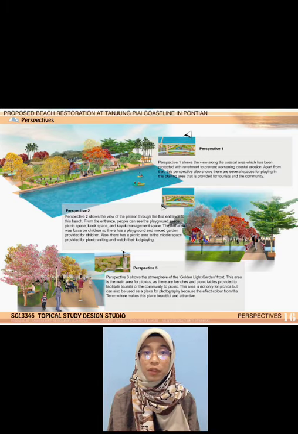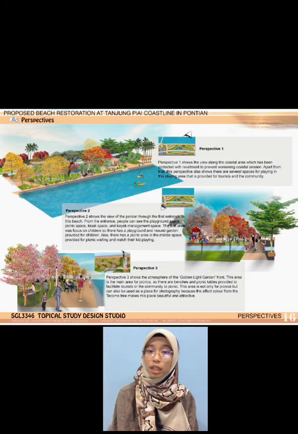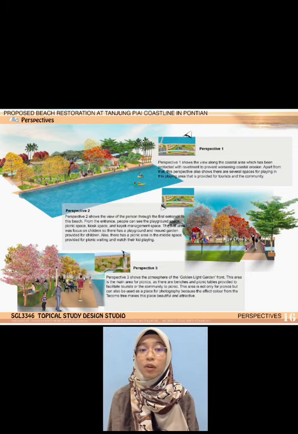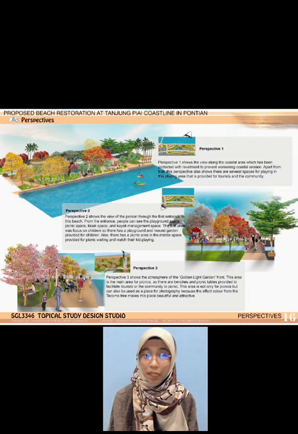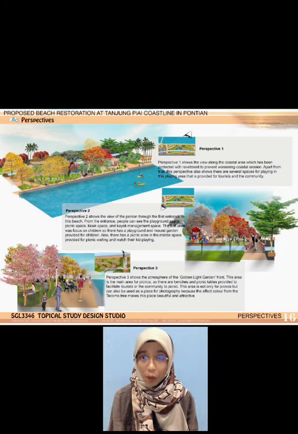The type of revetment chosen is concrete block revetment, because this type has strong features to protect the damaged beach from the worst erosion. Apart from that, this perspective also shows several spaces for playing in this playing area that are provided for tourists and the community.